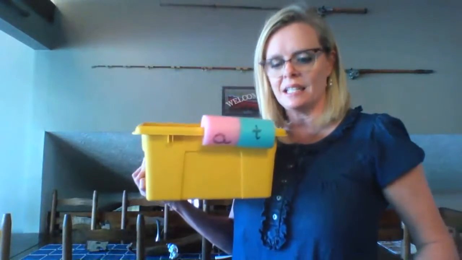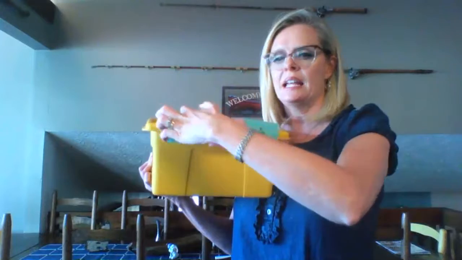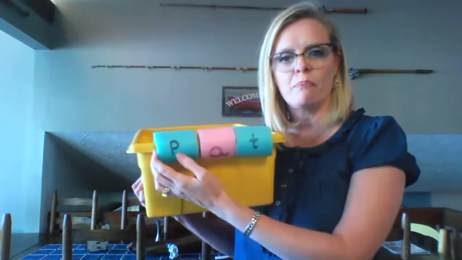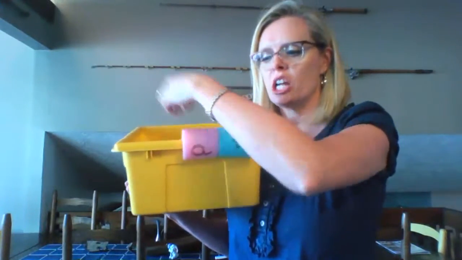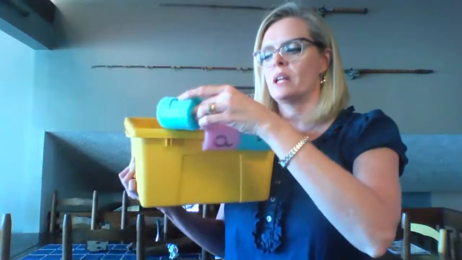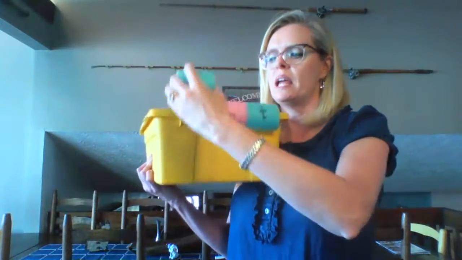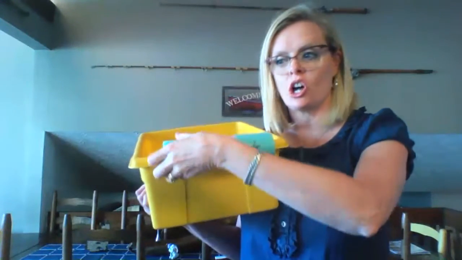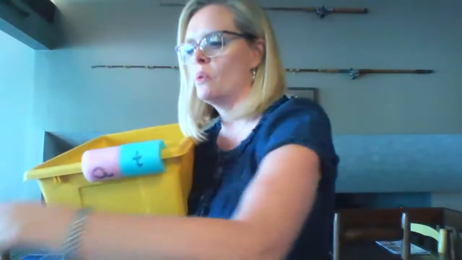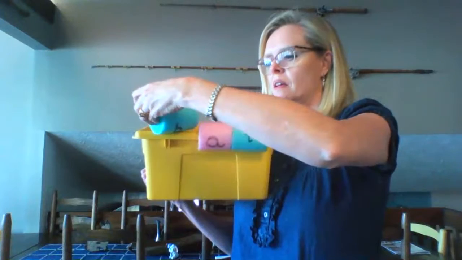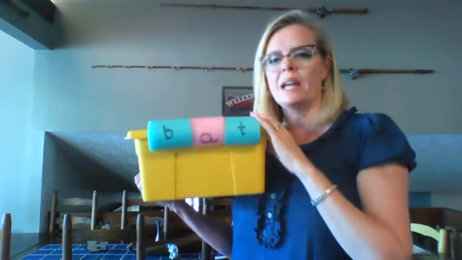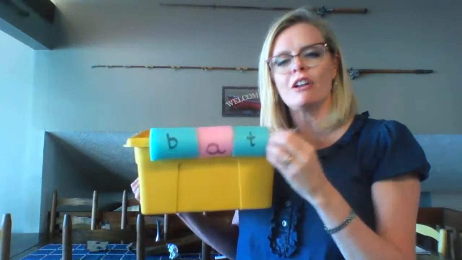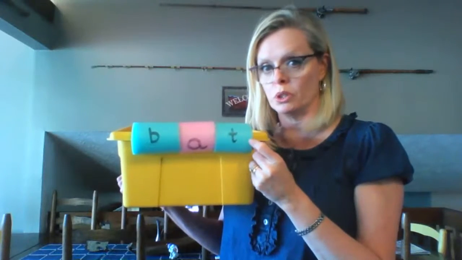So we had sat, and then if we add a P, we have pat. Then if we change the P to an R, we have rat. Then if we change the R to a B, we have bat.